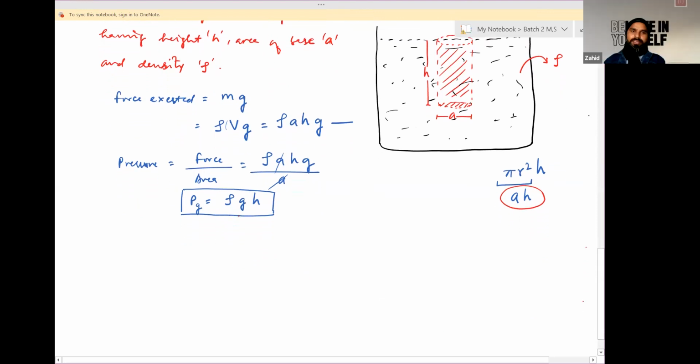Now, in this formula, we have three different terms. First is rho, gravity, and this height. Rho is the density of liquid. G is gravity, that is acceleration due to gravity. And h is the vertical column of liquid.